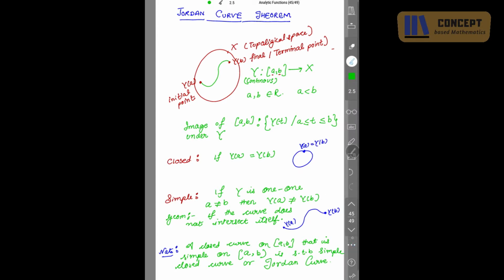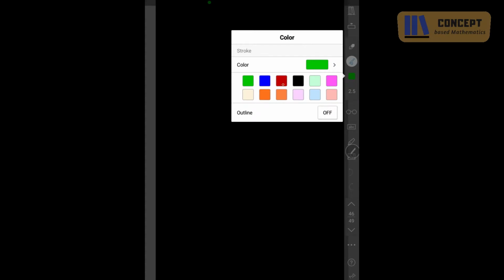Next are some examples of these curves. Suppose your curve is like this. This curve is simple and closed because if this is your initial point, then this curve also meets at that point.